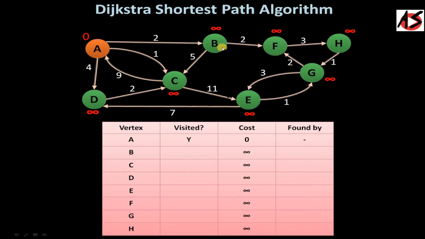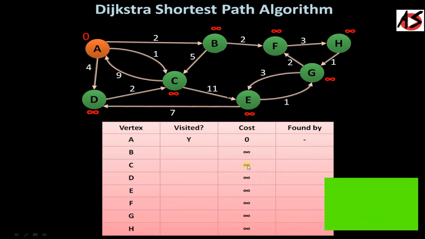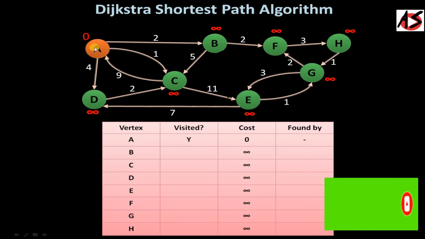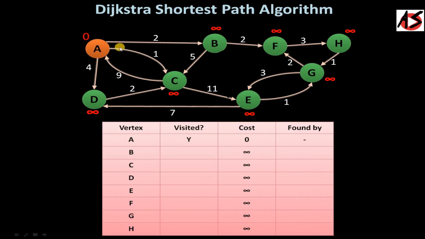Here you can see for all nodes the initial cost is written as infinity. Now we will step by step connect the nodes and find the minimum cost. Here you will start from A. From A you can explore the three vertices, that is B, C and D.